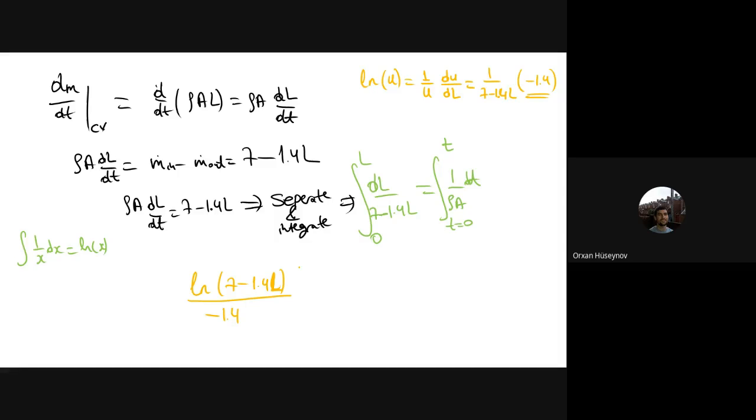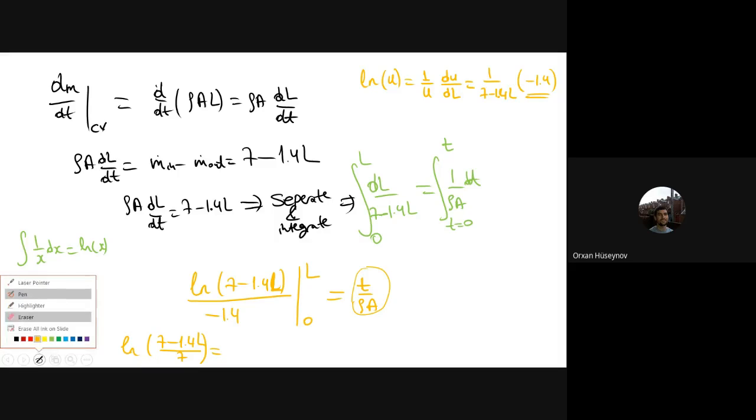So this is the left-hand side, and I will integrate from 0 to L. And the right-hand side, of course, will be equal to time divided by rho into area. Now let's finish the left-hand side. For the left-hand side, you will have ln of 7 minus 1.4L divided by 7 will be equal to, for the right-hand side, the only variable is time.